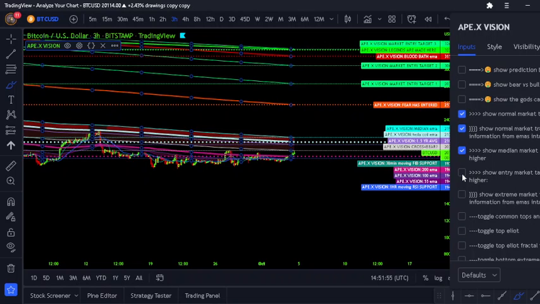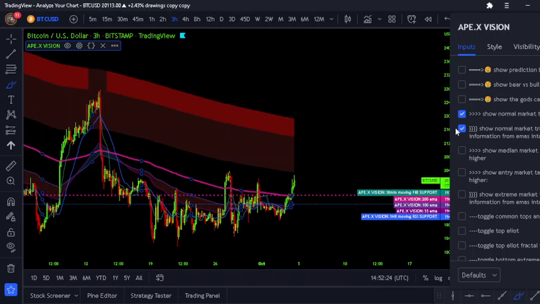So as you can see, show the median market EMAs. We can go ahead and turn that off so we can see the support and resistance right there. So it offers a lot of information.